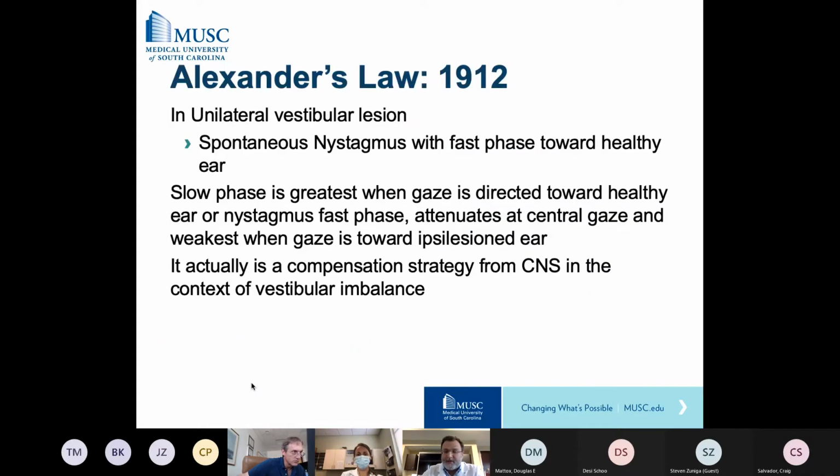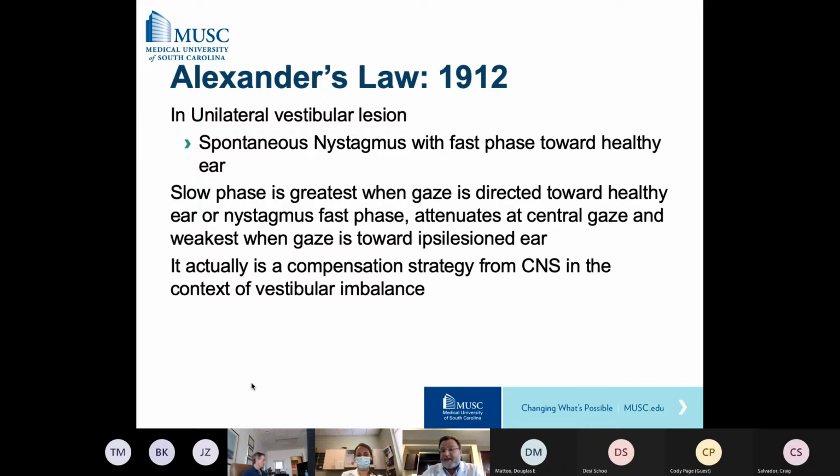And that's Alexander's law, where basically, you have to think, as we said, that both vestibular systems are firing simultaneously. If you take the case of a right vestibular neuronitis, suddenly the brain is receiving more input from the left side. The eyes are beating to the left in all directions of gaze.